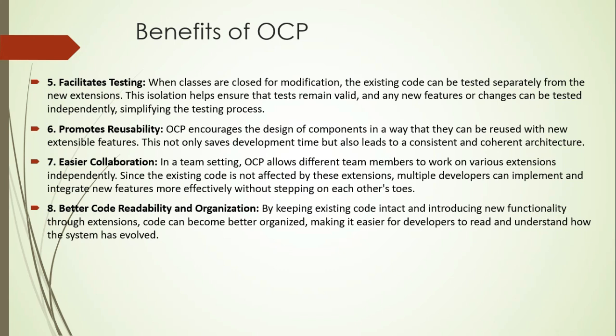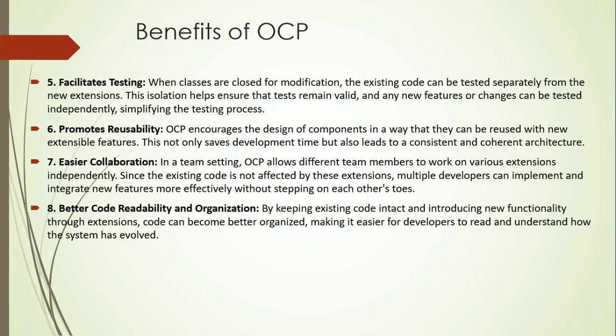Facilitates testing. When classes are closed for modification, the existing code can be tested separately from the new extension. This means the extension, although it is part of that system, since we extend the existing code, but both of these can be tested in isolation.